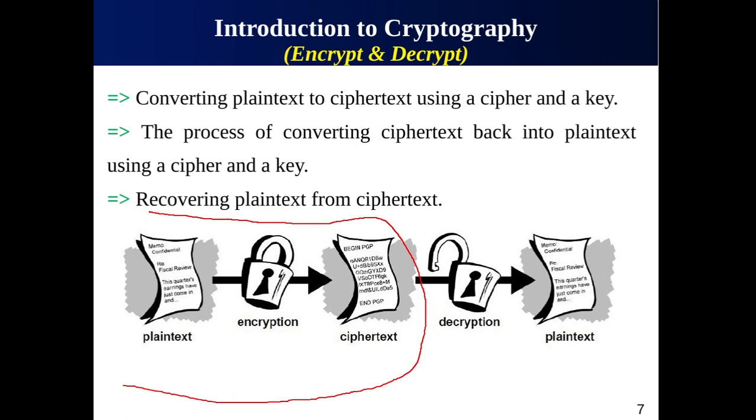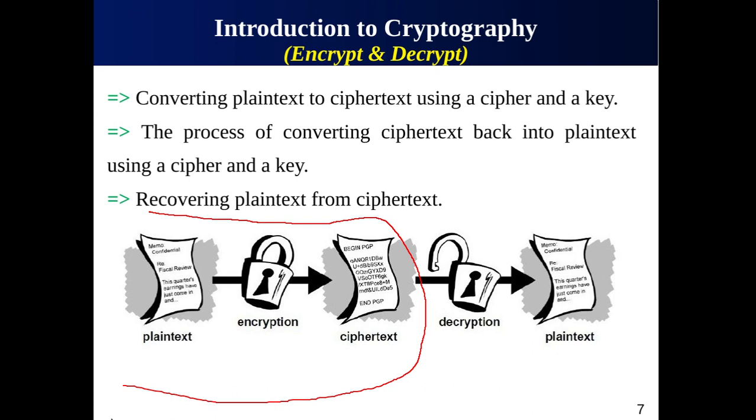In simple words, when you convert the plain text into ciphertext with the help of algorithm and key, that process is known as encryption. Encryption is also known as encipher, encipherment, or encoding.